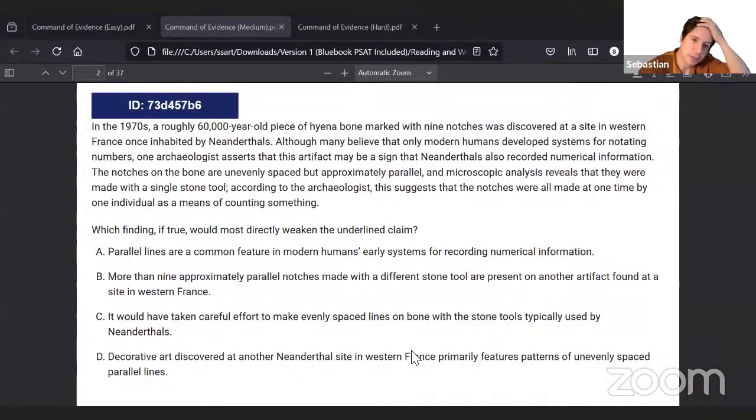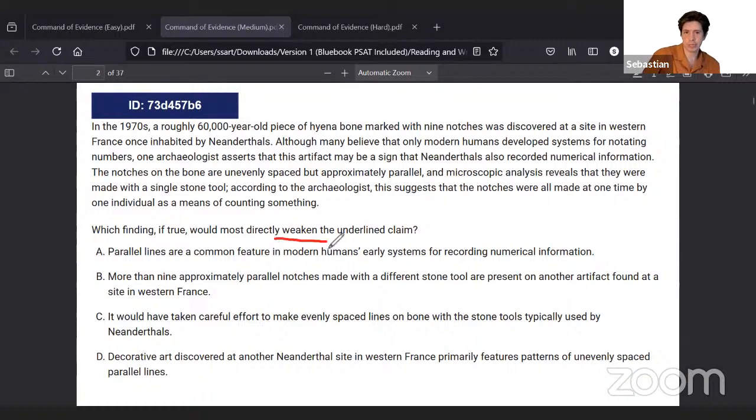The notches on the bone are unevenly spaced but approximately parallel. The microscopic analysis reveals that they were made with a single stone tool. According to the archaeologist, this suggests that the notches were all made one at a time by one individual as a means of counting something, which finding, if true, would most directly weaken the underlined claim.